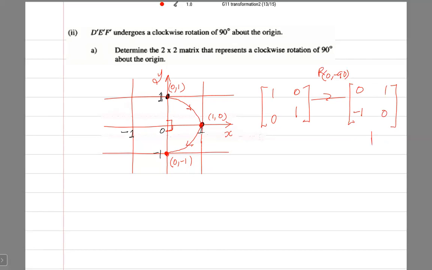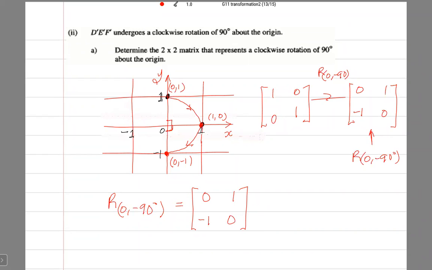All right, so this resulting matrix is R_O,-90, which is a clockwise rotation of 90 degrees about the origin. The 2 by 2 matrix that represents that transformation is [0, 1; -1, 0].